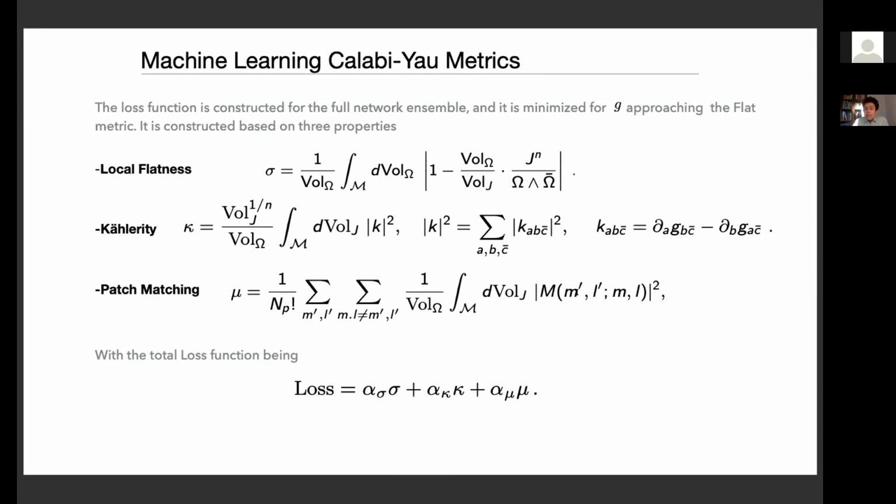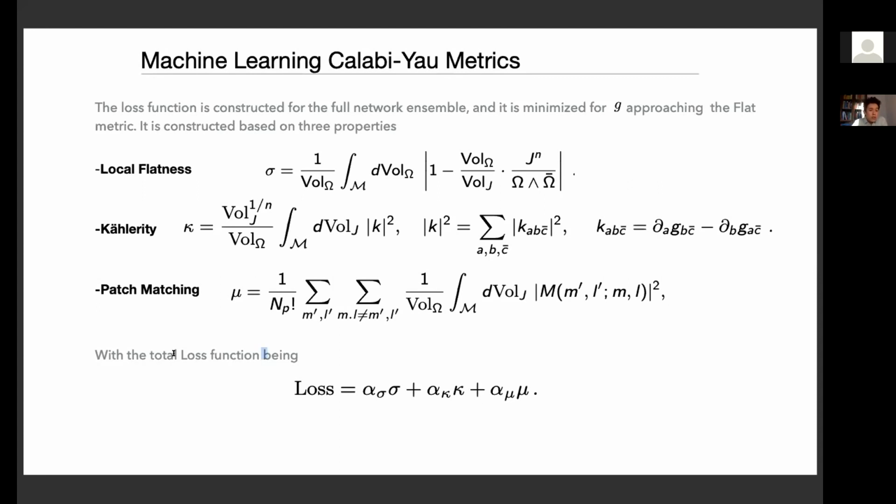And here, this basically measures the difference between the metric at one patch and the metric at another patch up to Jacobians. And basically, this M and L parameterize the coordinates that are set. I mean, one is the affine coordinate, and the other is the dependent coordinate, the coordinate that we solve for using the polynomial equation that describes the Calabi-Yau. This is for the case of the hypersurfaces.